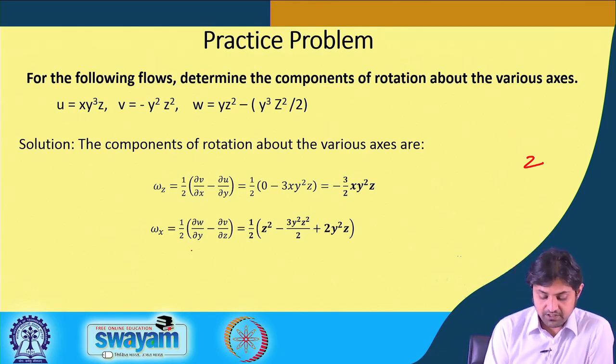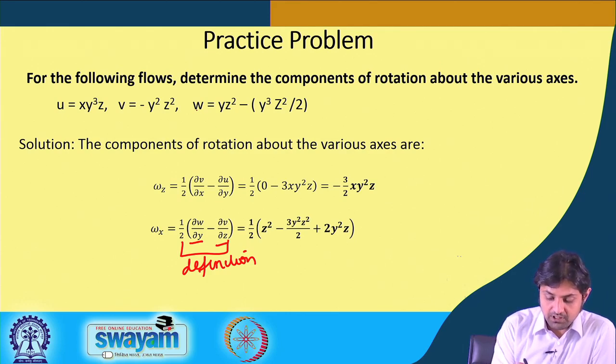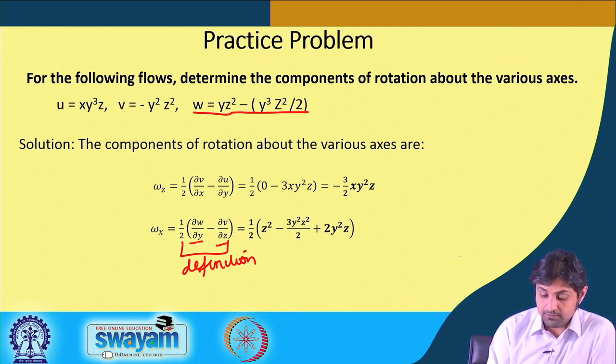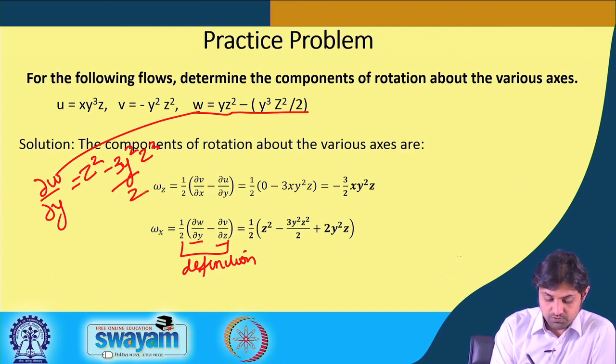Omega x is by definition, so again this is definition, we need to calculate del w del y and del v del z. So let us look at w here, right? There is a y component, okay? So del w del y can be written as z square minus 3 y square z square by 2, and this is here.